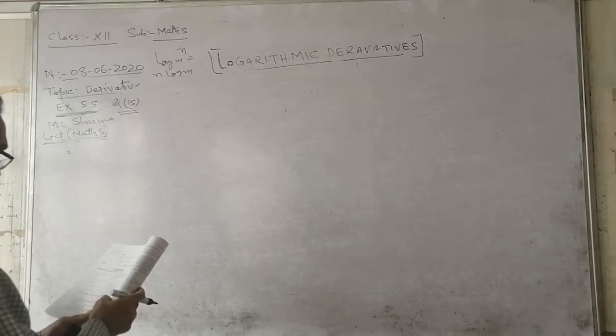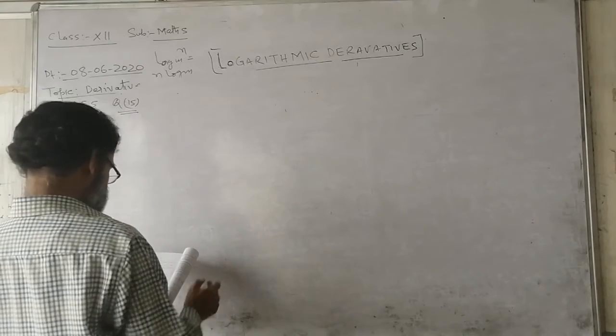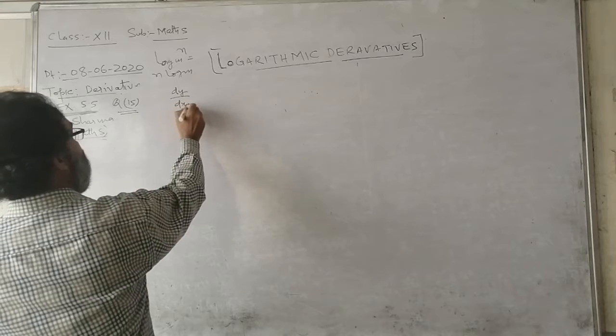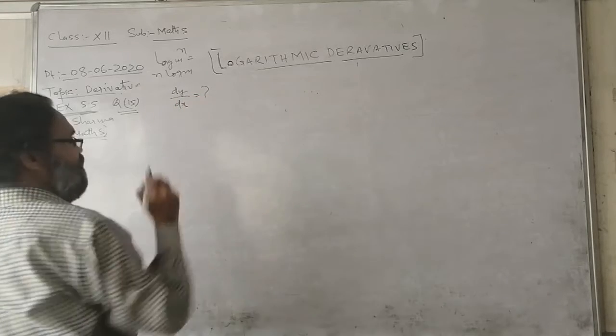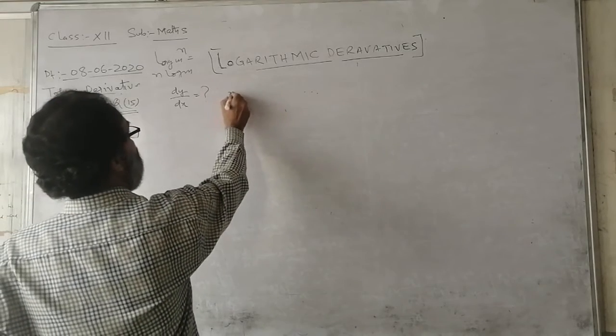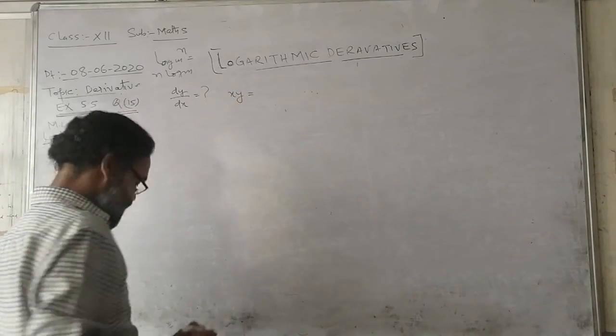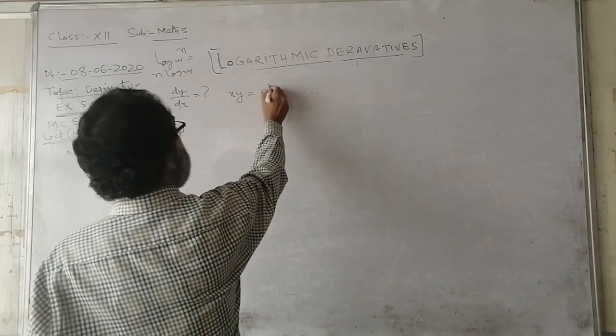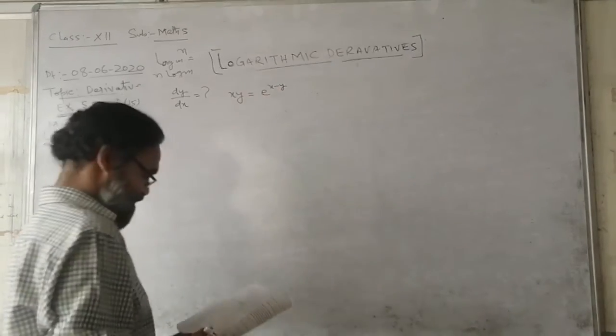Of the same exercise, you have to find value of dy upon dx. Its value is to be found out, and we are given x^y is equal to e raised power x minus y.